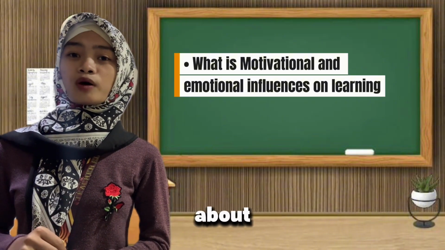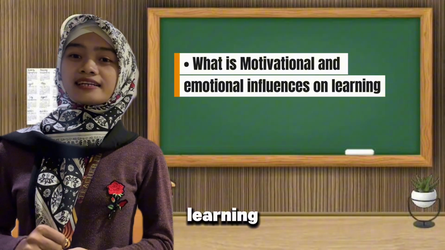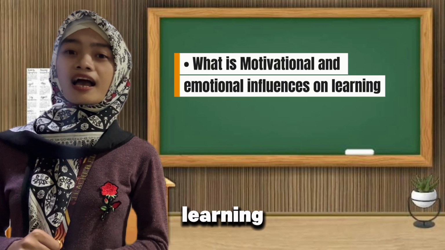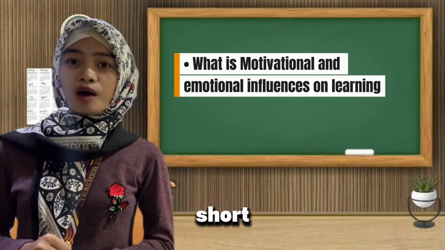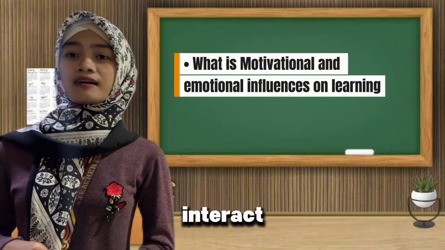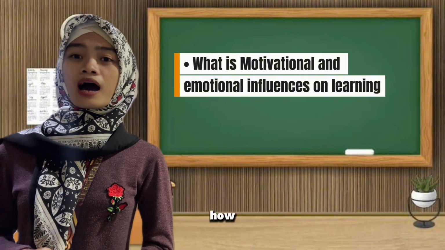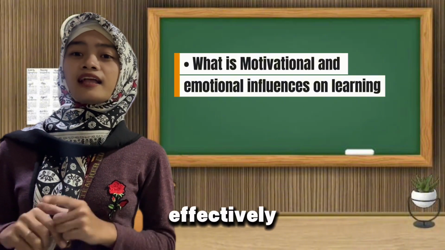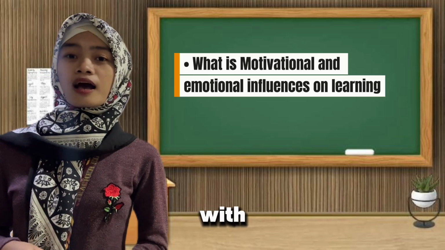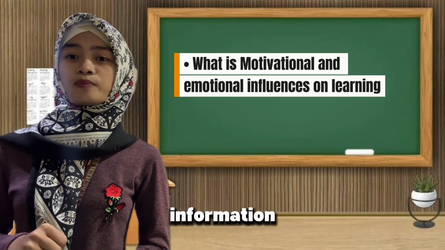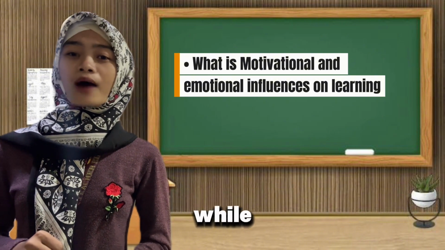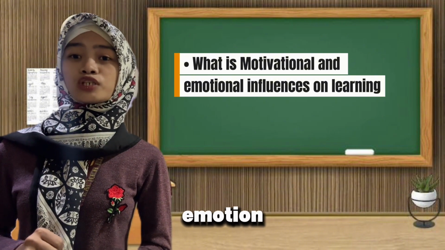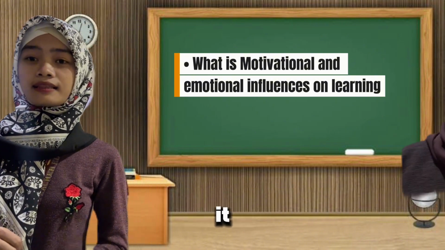Students' beliefs about themselves as learners and the nature of learning also influence motivation. In short, motivation and emotion interact to determine how effectively learners engage with, process, and retain new information. Positive emotions enhance learning, while strong negative emotions often block it.